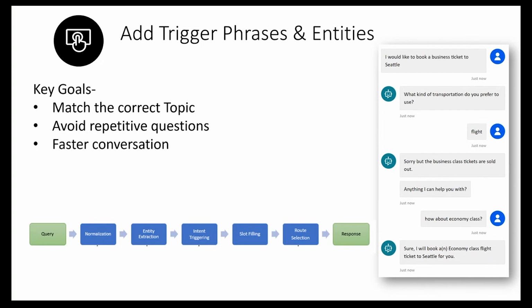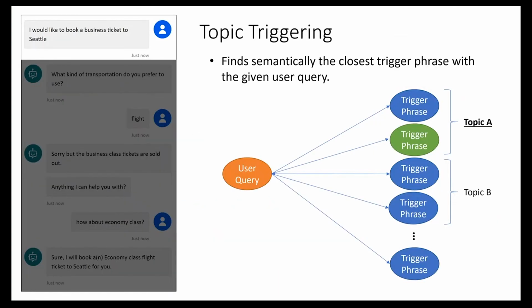And let's see how the topic triggering itself happens with the trigger phrases. When you look at the user query which comes into the PVA bot, when you're entering it as an end user, that user query will be matched against a set of trigger phrases by the NL engine, right? And it will look at the semantically closest trigger phrase for a given user query.